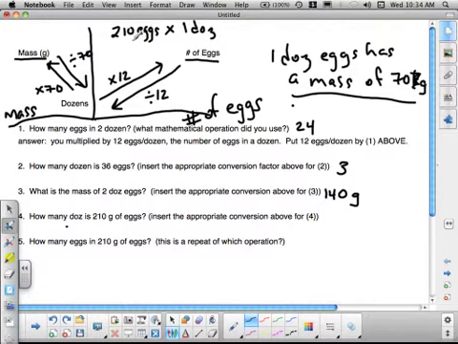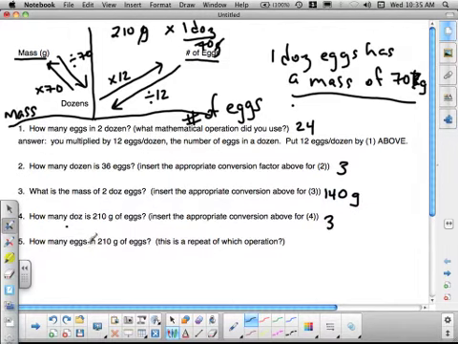Okay, get our units right. 210 grams of eggs times 1 dozen is 70 grams. And that's what I'm doing. You're going to be doing the same thing when you get to moles. So the answer to that is 3. Because 210 divided by 70 is 3.